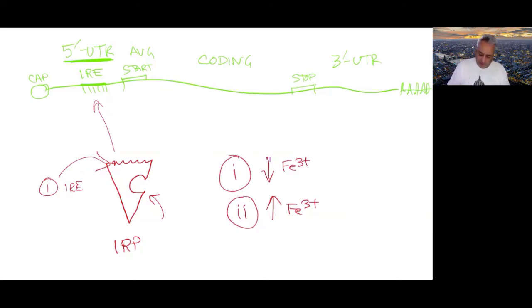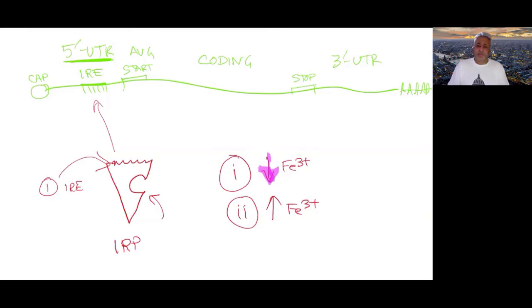When iron levels are low, there's no need to translate this messenger RNA. Why? There's no need to store extra iron because there isn't any. Iron levels are low, and any iron coming into the cell will be used by the biochemical machinery. So you don't need to make these vaults.